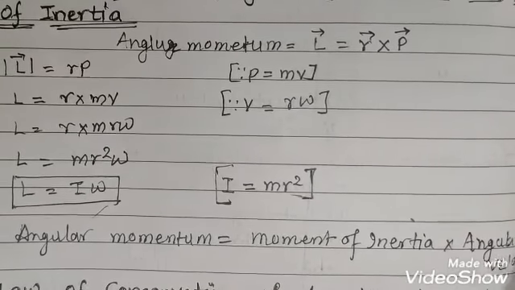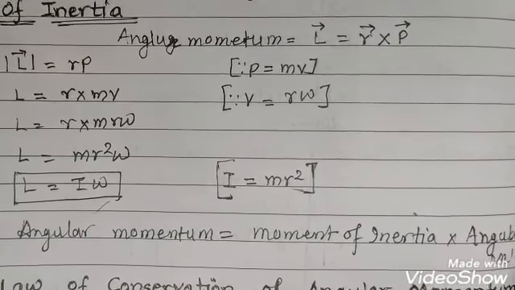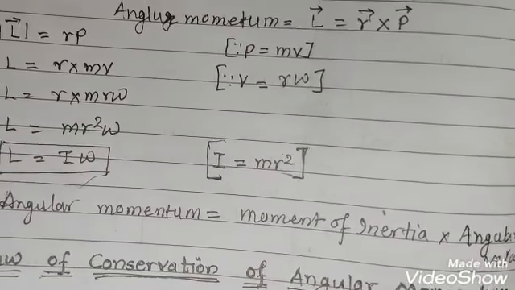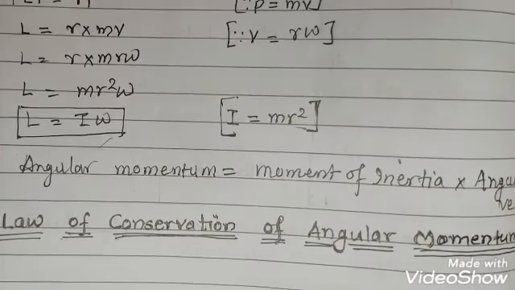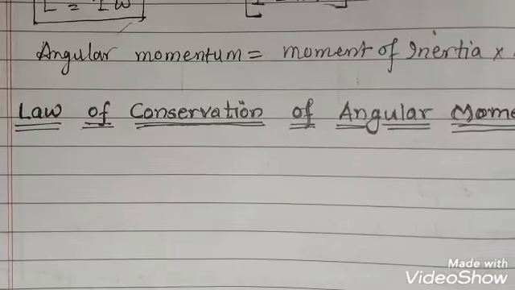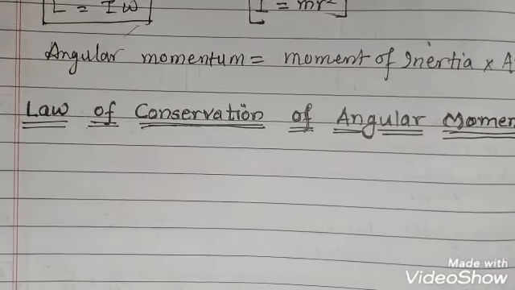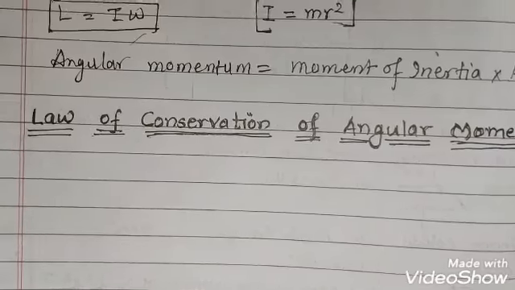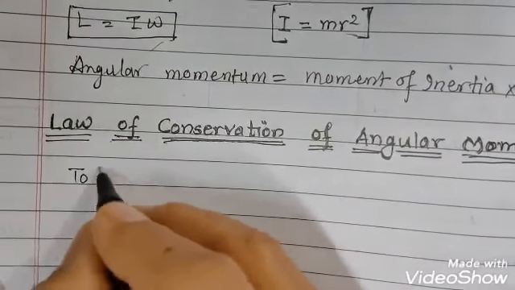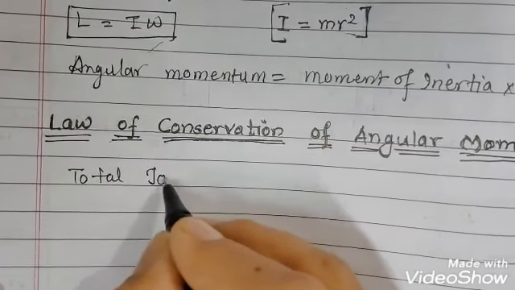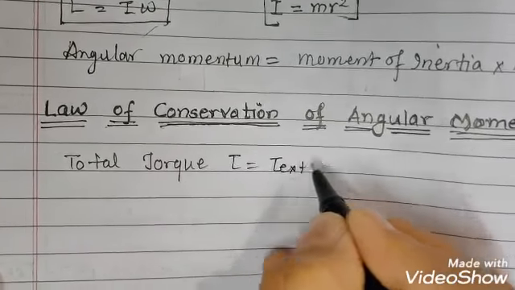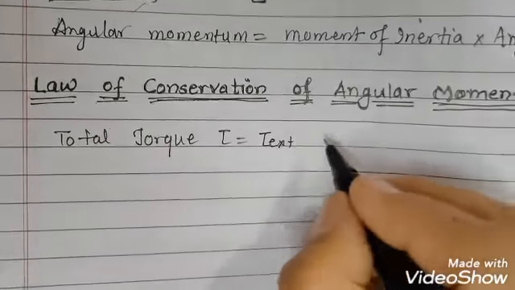Okay. Now after that we'll see the law of conservation of angular momentum. For the law of conservation of angular momentum, we know that the total torque is equal to tau external plus tau internal.